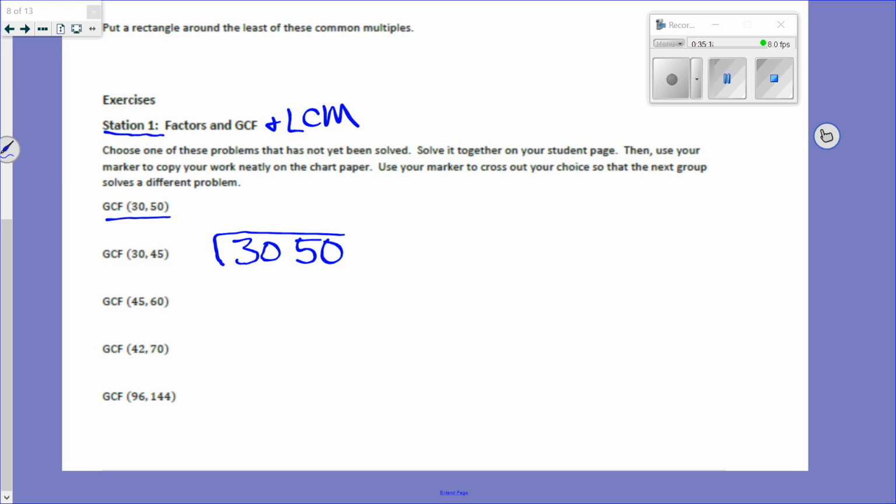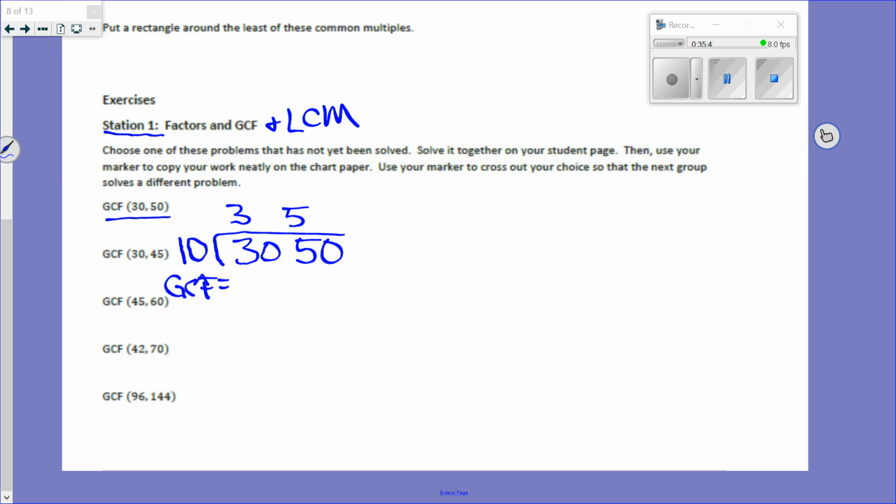Here's another thing I really love about the cake method, guys. If I see a bigger number that's a common factor, I can take it. So I don't have to focus on just 2, 3, 5, and 7. If I see something really easy that is bigger, I can do that. So if I see a number that's in 30 and 50, what can I divide both those by? 10. Hopefully all of you see that right away. So 10 gives me a 3 and a 5. For my GCF, I'm just multiplying up the side.